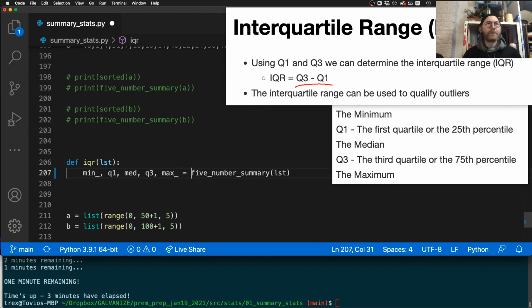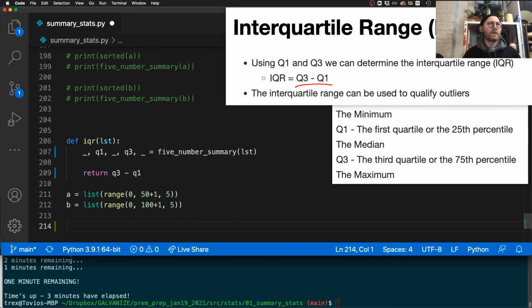So when I call this, this is going to unpack these into these values. I'm going to go ahead and put underscores in for the things we don't need. This is just a Python convention to say, hey, I don't need this. And from this, I can just return Q3 minus Q1. So that should work.